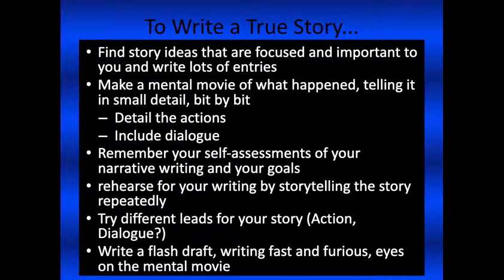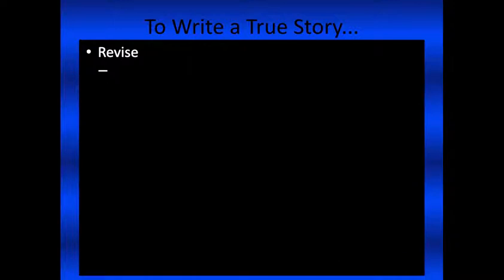You detail the actions. You include dialogue. You remember your self-assessment and your goals. You rehearse for your writing by storytelling the story repeatedly. You try different leads for your story, action and dialogue. You write a flash draft, writing Fast and Furious, eyes on the mental movie.